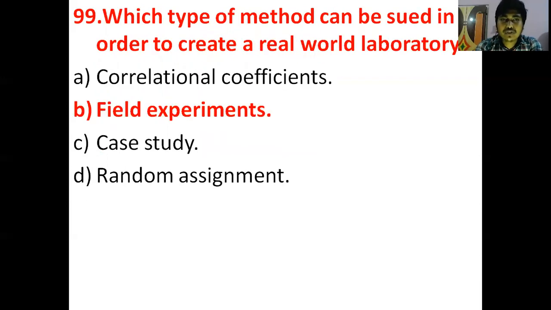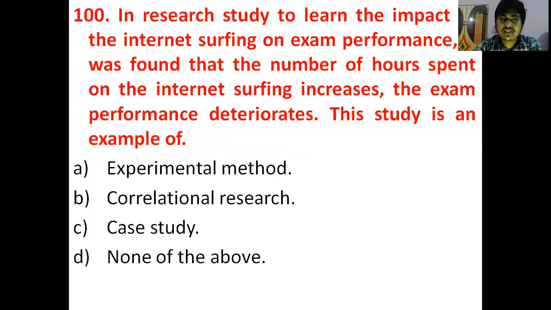So the next question or last question is, in research study to learn the impact of the internet surfing on exam performance. Okay, impact of the internet surfing on exam performance. So there are two variables. Okay, it was found that the number of hours spent on the internet surfing increases, the exam performance decreases or deteriorates.